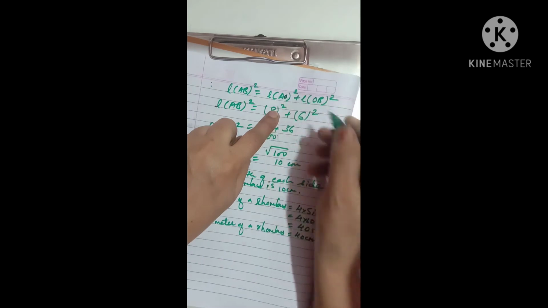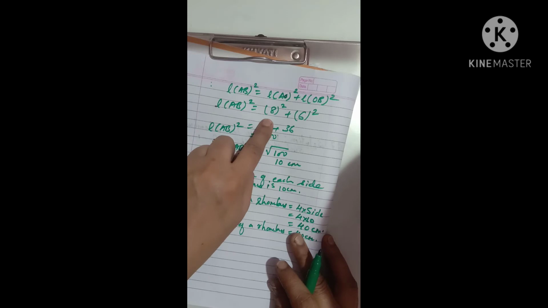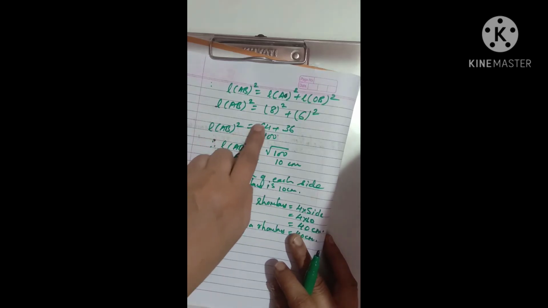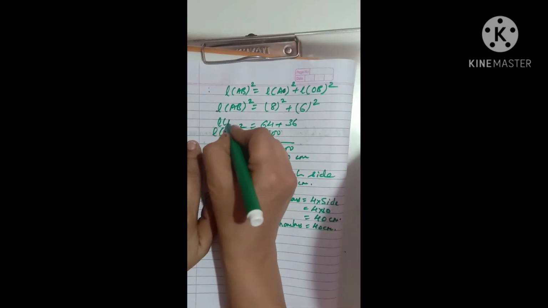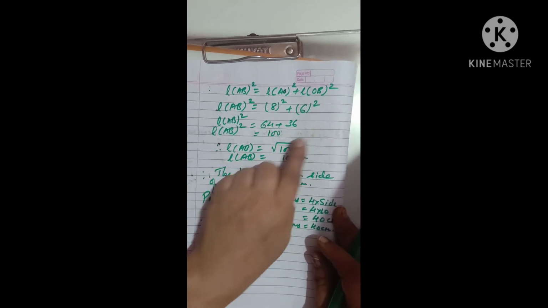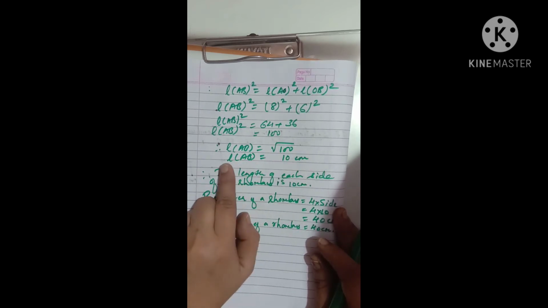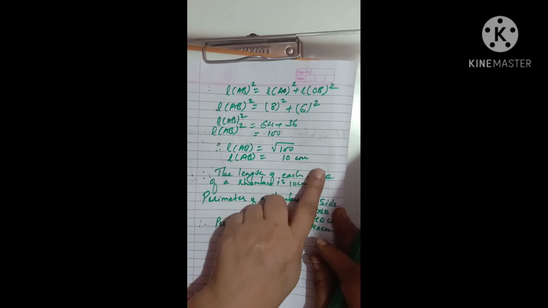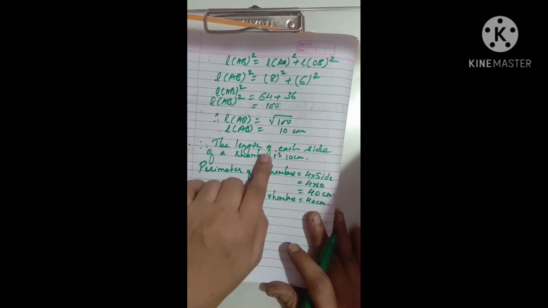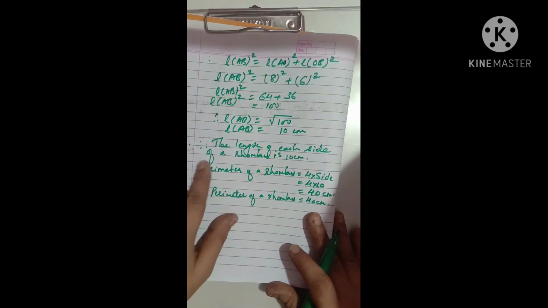So length of AB square is equal to 8 square plus 6 square. 8 square is 64, 6 square is 36, 64 plus 36 is equal to 100. So AB square is equal to 100. Therefore length of AB is square root of 100, and square root of 100 is 10 centimeter. Therefore the length of each side of the rhombus is 10 centimeter.